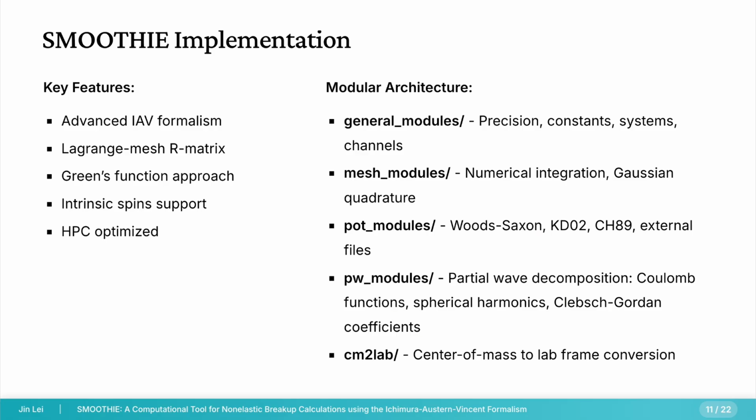Mesh modules for numerical integration and Gauss quadrature. Pot modules for Woods-Saxon, Koning-Delaroche, and external potential files. QBUP modules for partial wave tools, including Coulomb functions, spherical harmonics, and Clebsch-Gordan coefficients. And CM to lab for the center-of-mass to laboratory frame conversion.